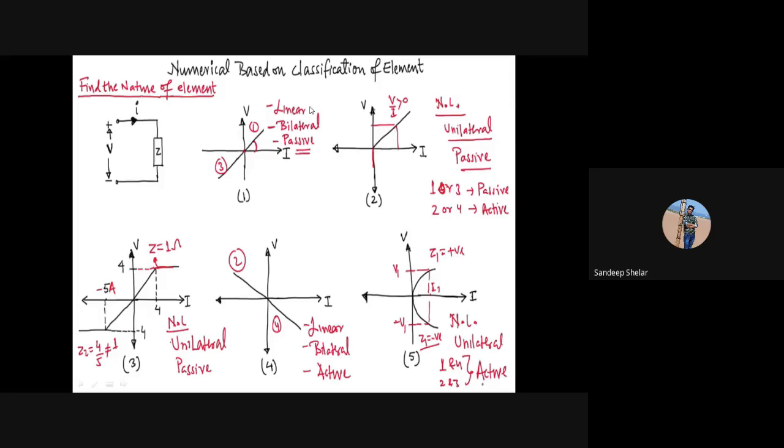This is the numerical based on the nature of element, that is linear and non-linear, bilateral, unilateral, then active and passive element, and the last one is time variant and time invariant of the system.